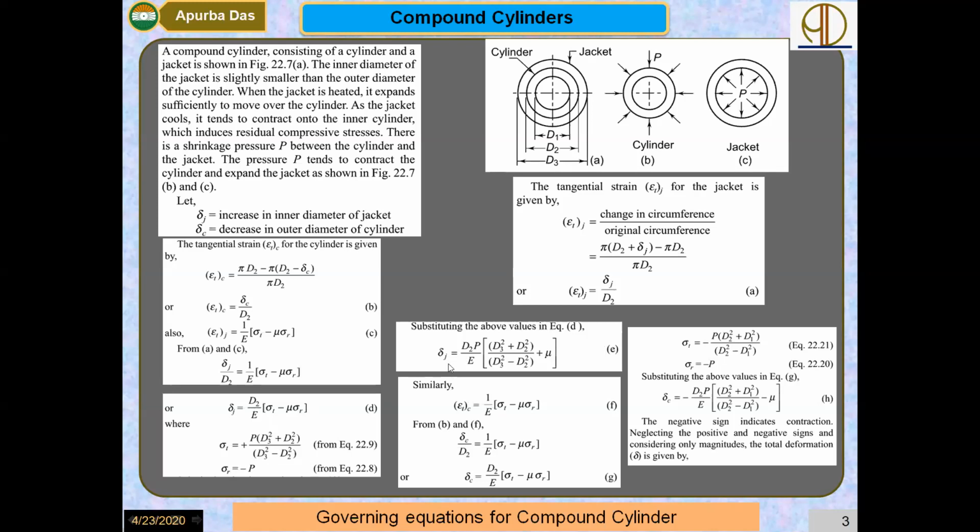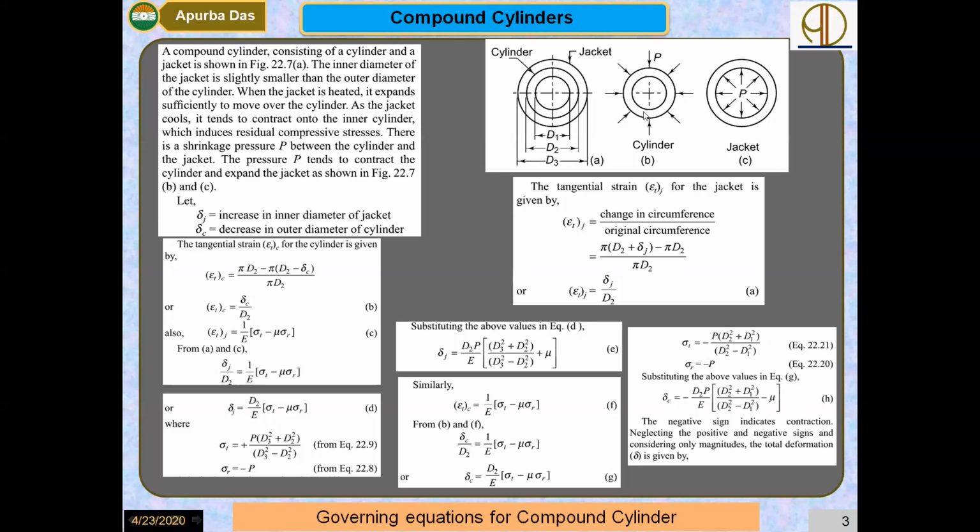Similarly, we can determine it for the cylinder also. For the cylinder, epsilon T is equal to 1 by E (sigma T minus mu sigma R). So delta C by d2 is equal to this, and delta C is equal to this one. If we simplify by putting in the tangential stress and radial stress values, we get delta C for the cylinder as this one. You can see that it is a negative term.